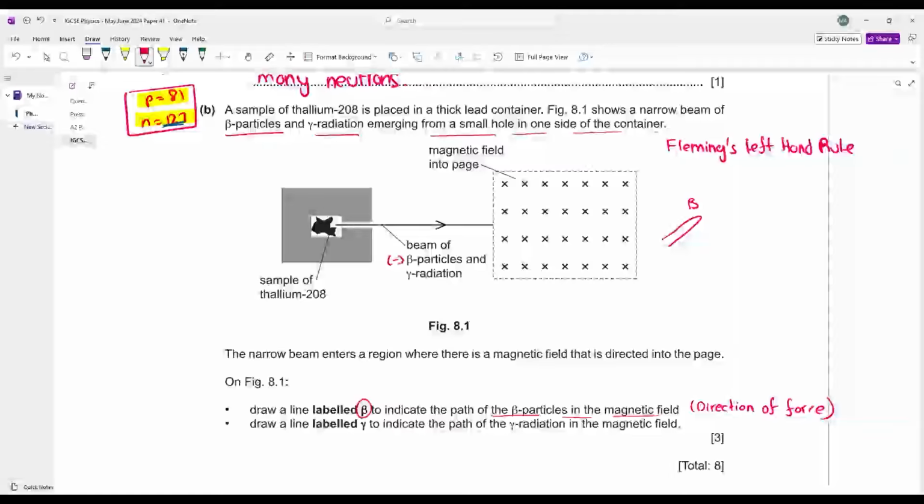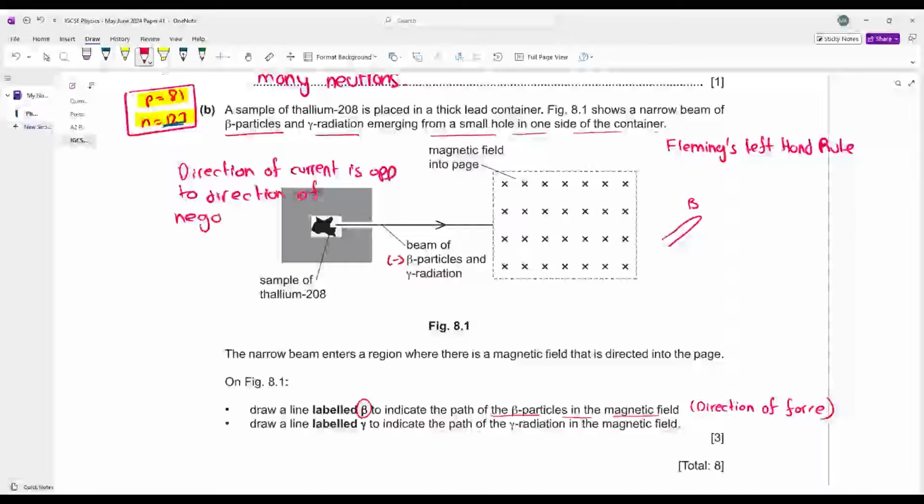Beta particles are negative particles. Always remember that direction of current is opposite to the direction of negative charges.